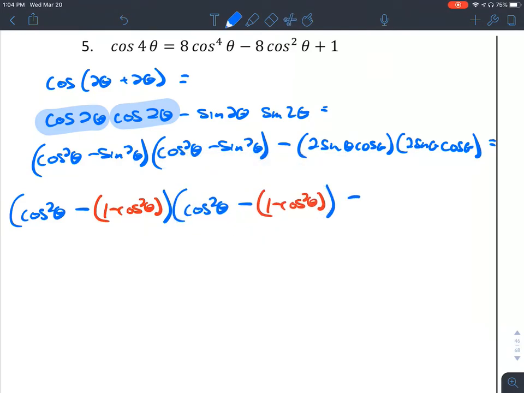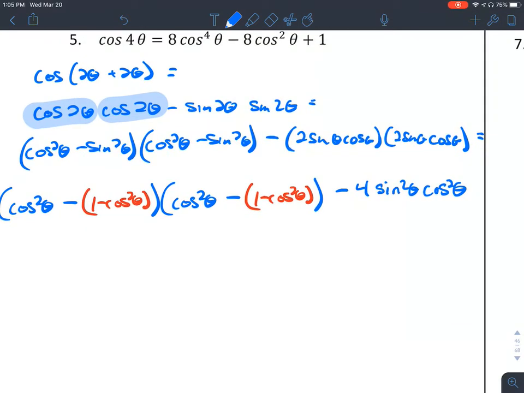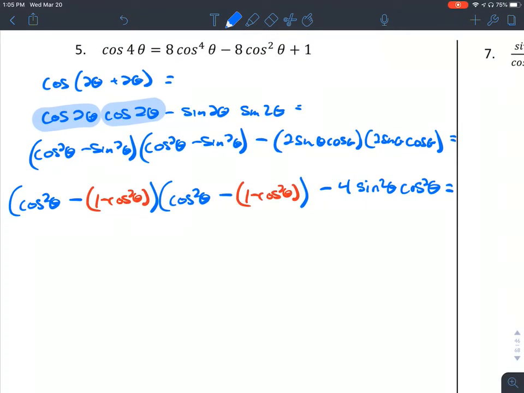And then here, I'm going to multiply this stuff out. Just multiplying a bunch of things together. I got a 2 squared, which is going to be 4. Sine times sine is sine squared. Cosine times cosine is cosine squared. I still don't know how this is going to work out. That's the truth, but I've got high hopes. Simplifying in each bracket, I'm going to have cosine squared of theta minus 1 plus cosine squared of theta. And this set of parentheses beside that is identical.